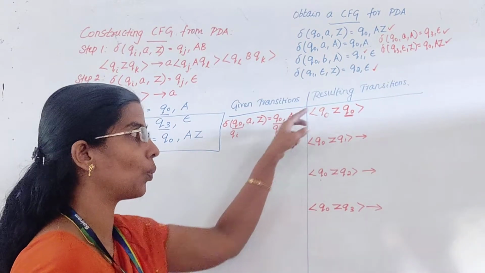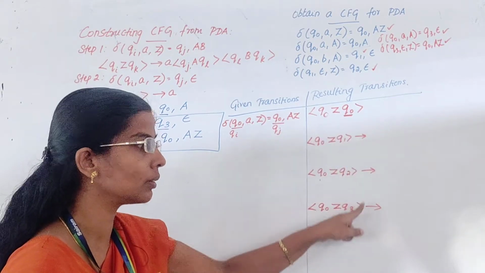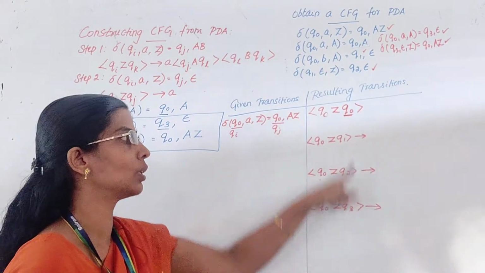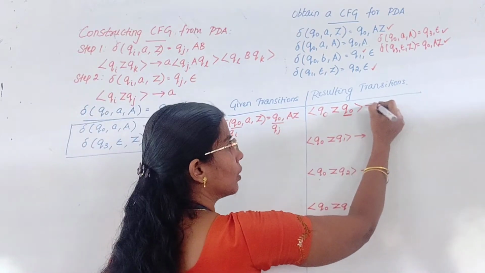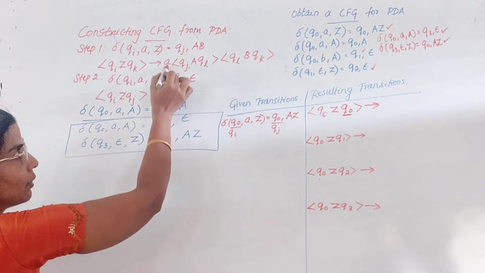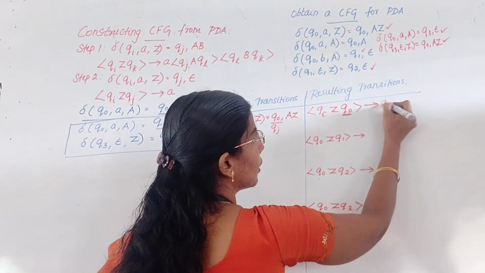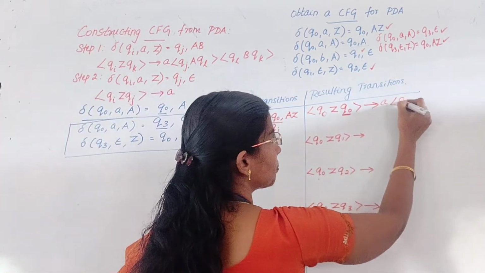Right? So why am I getting 4 values? These are different possible K values. Q0, Q1, Q2 and Q3. Now write the RHS. Right, first A, so Qj is also Q0.